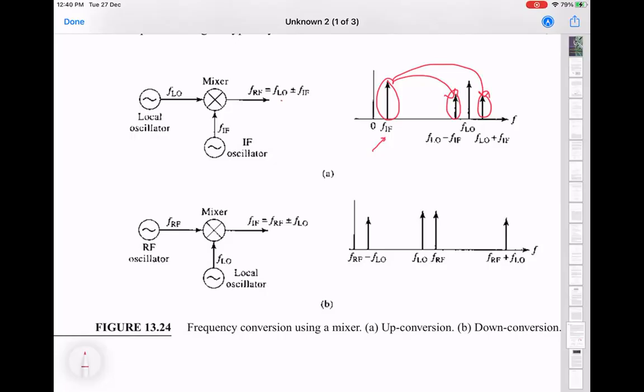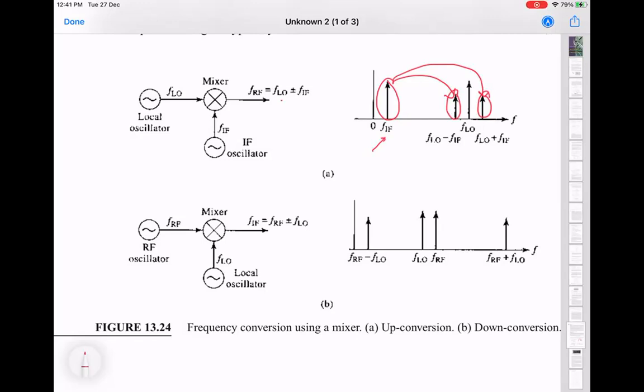It's a very common thing to do. This idea that the information contained in this thing is exactly transferred to the sidebands is what allows radio transmission to work. You take your audio, which is basically your IF frequency for AM, and then you multiply it by a high frequency signal, which is often called the carrier wave, which is the local oscillator here.